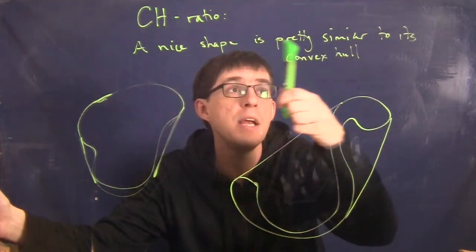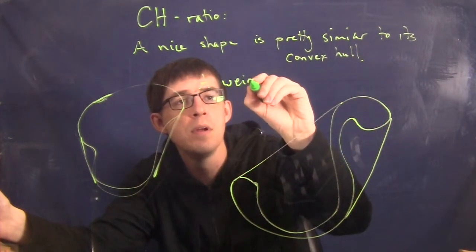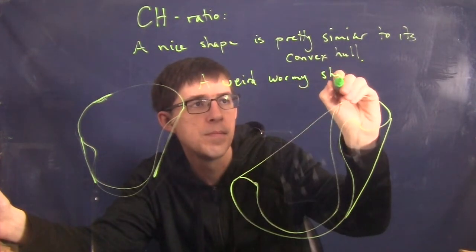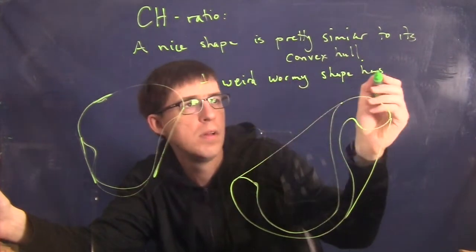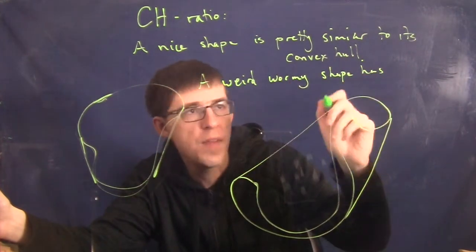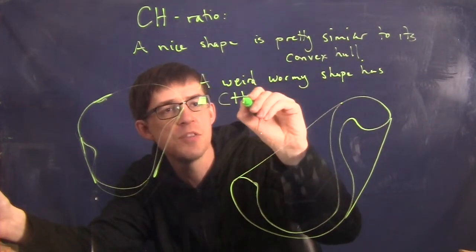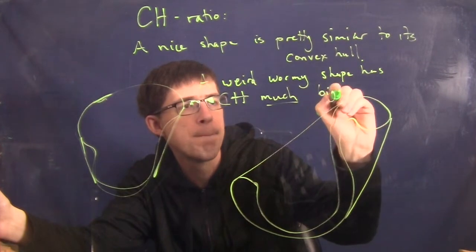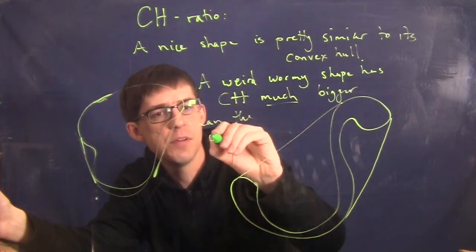So a nice shape is pretty similar to its convex hull. A weird, wormy shape has a convex hull, I'll just write CH, much bigger than the original shape.